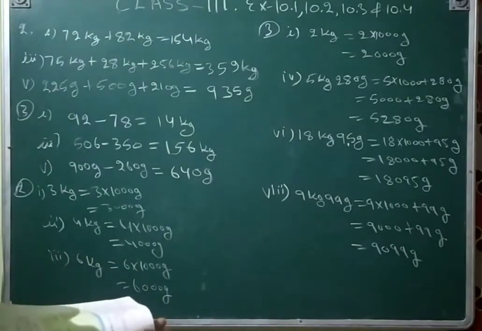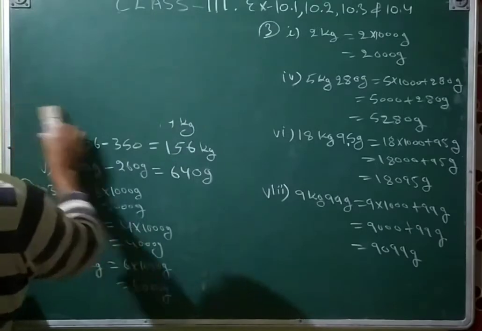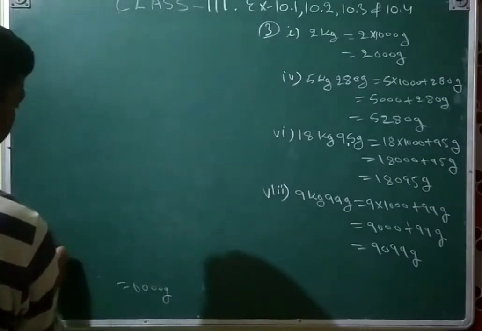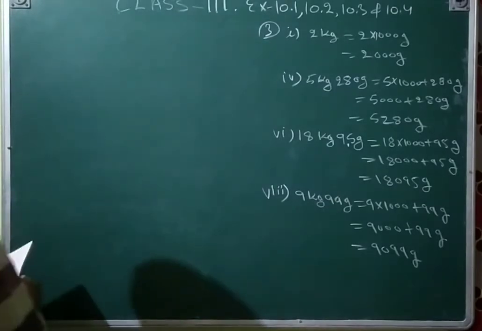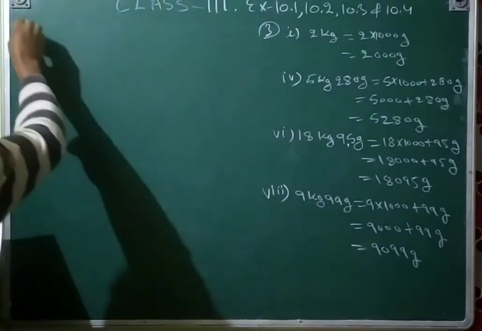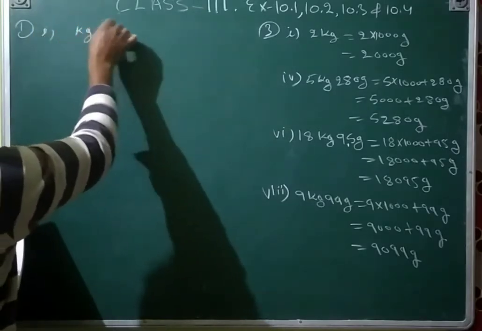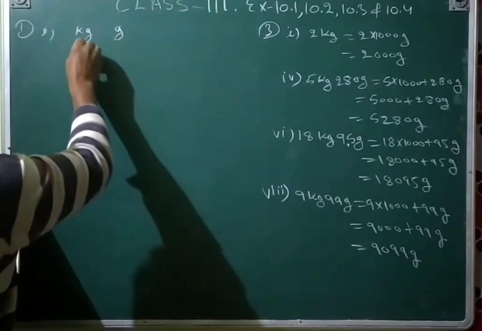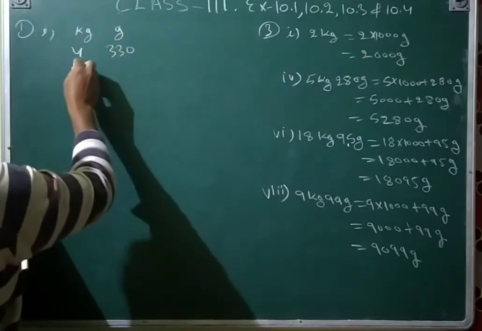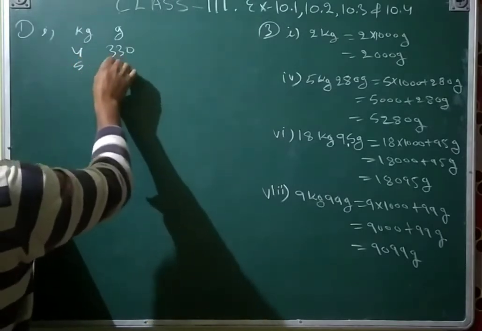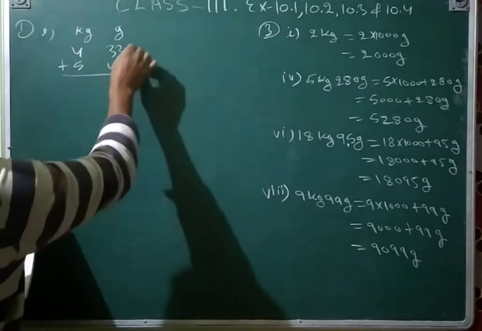And then exercise 10.3. 10.3 is add. First part, kg and gram: 4 kg 330 gram plus 5 kg 40 gram.